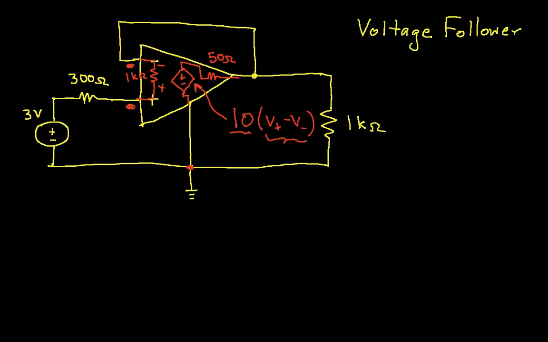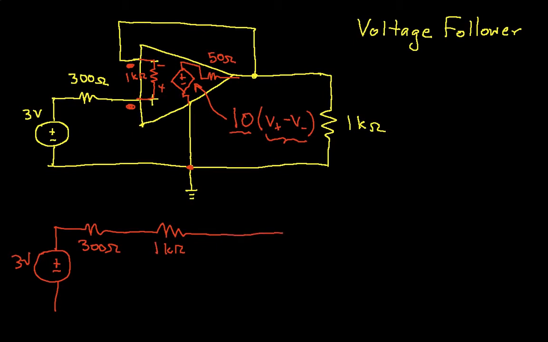So in order to make the analysis clearer, let's redraw the circuit as follows. We'll keep our 3-volt source. We still have the 300 ohm resistor. And now we'll draw the 1 k ohm internal resistance. This will get connected at some point to the output of our dependent voltage source.